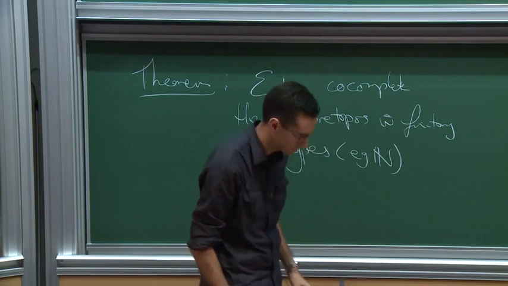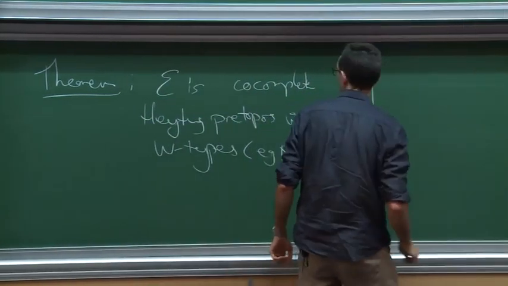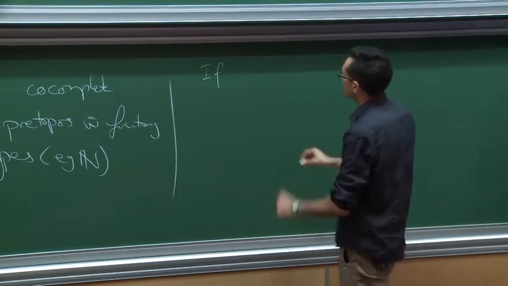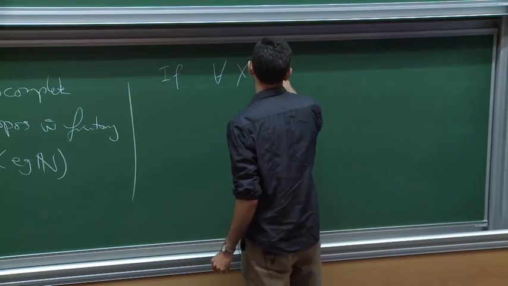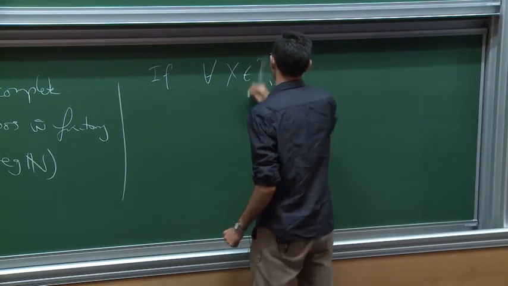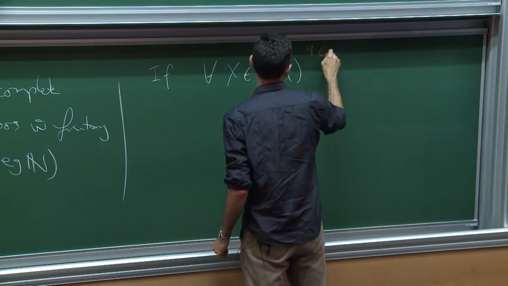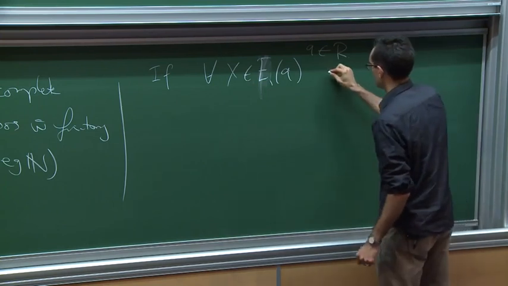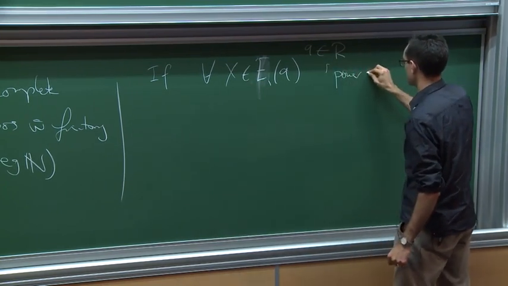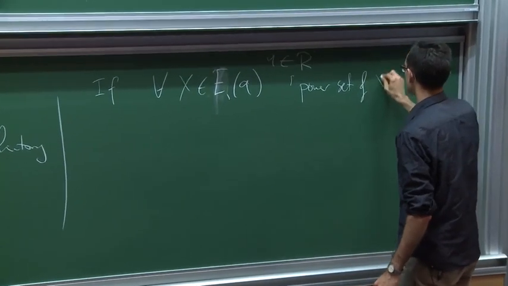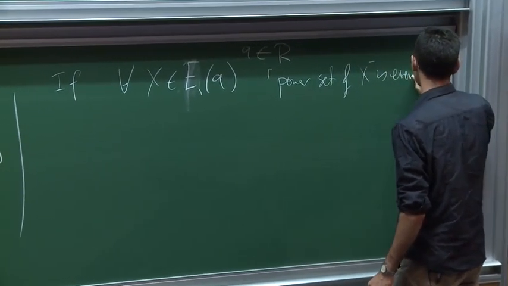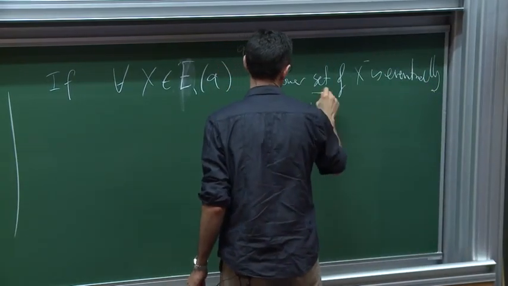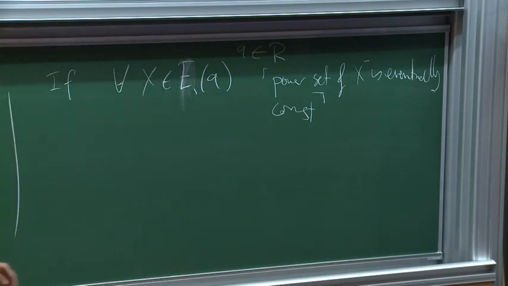And so, notation as above, for every indexing object, every topos, every object in it, say X, the power set of X is eventually constant, and you can formulate this in just a straightforward technical sense.